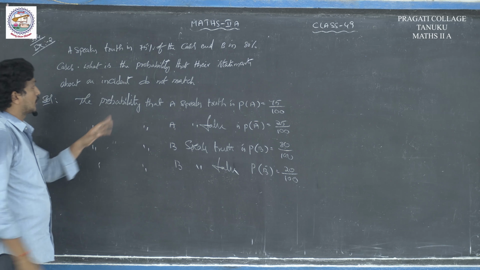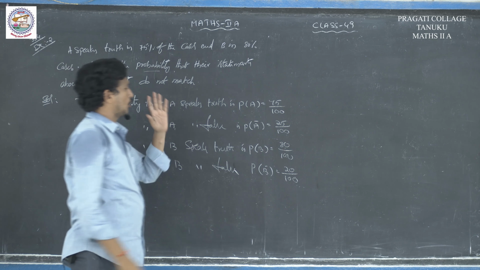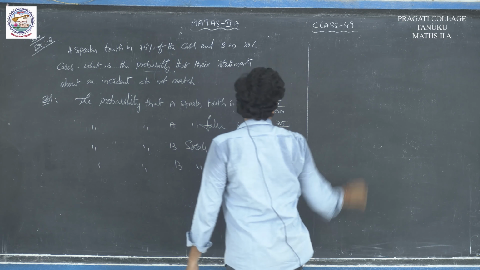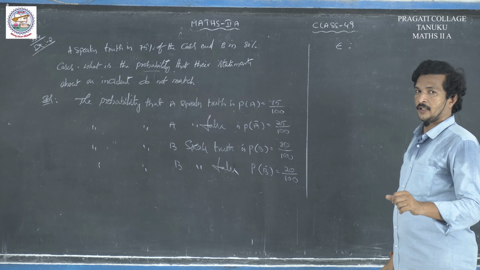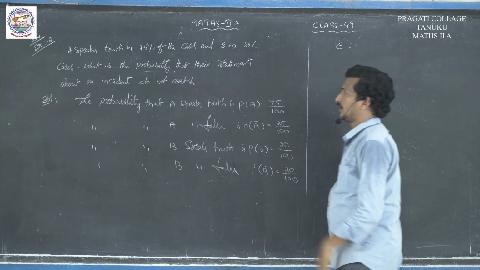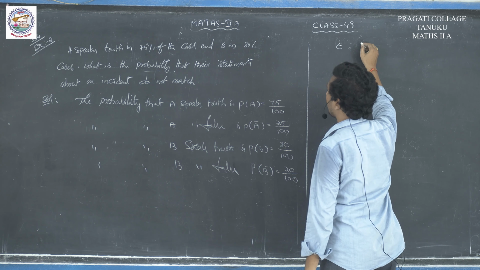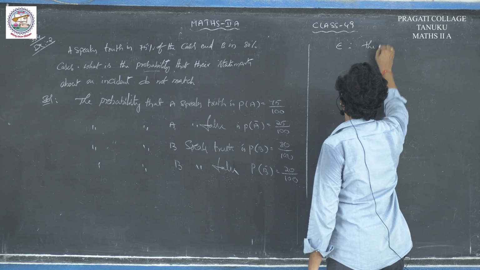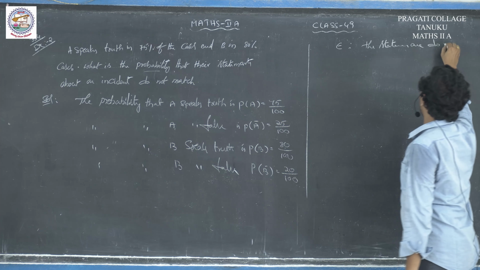Here we observe that, what is the probability that their statements about an incident do not match? Suppose E is the incident that A and B speak oppositely. Here E means the statements do not match.